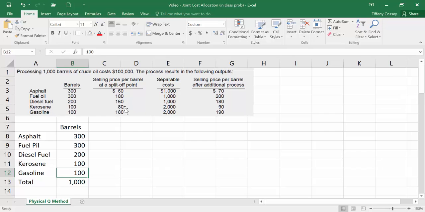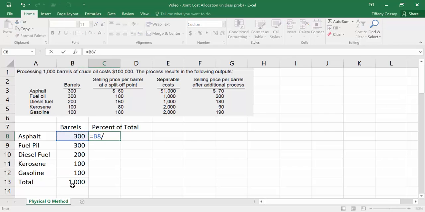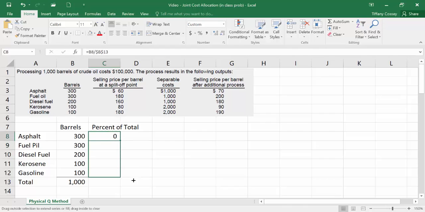Then we're going to figure out what percentage each line represents out of the total. And so we take the number of barrels and divide it by the total. I'm going to put dollar signs in here because that keeps the total fixed on the bottom, and I can just drag it and turn those into a percentage.